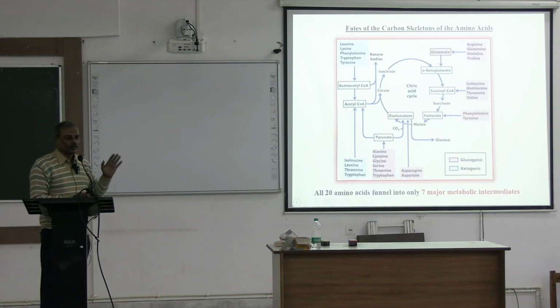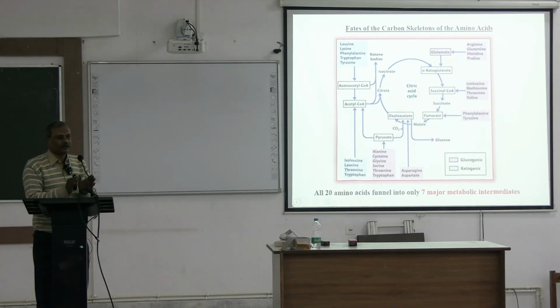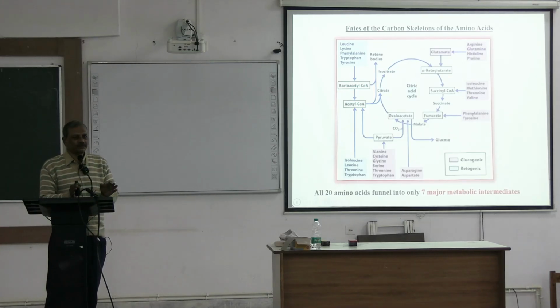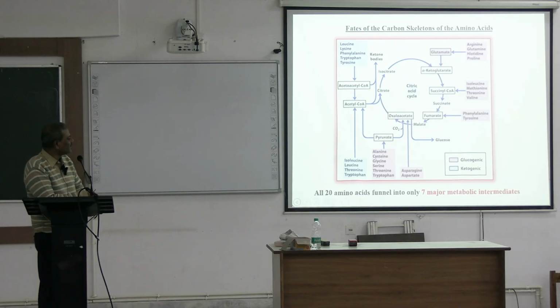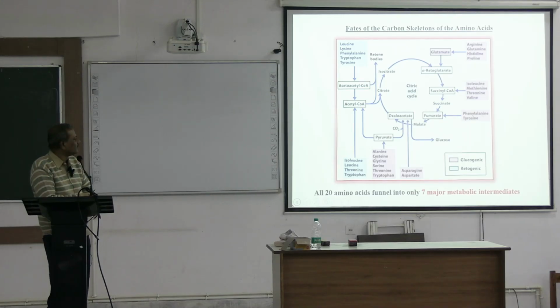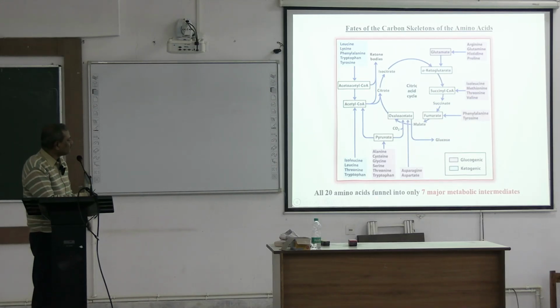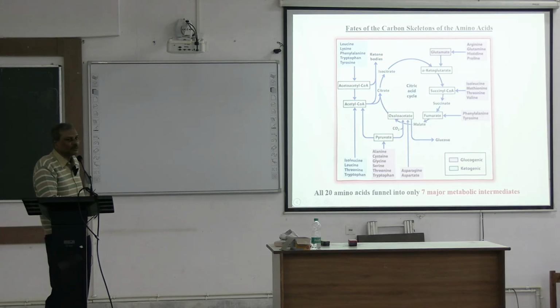So, if you remove ammonia from the amino acid, it is deaminated. Now, the leftover part is the carbon skeleton, as I told you. So, that carbon skeleton, note down this one only, names. It basically funnels into 7 major metabolic products. These metabolic products you can see here, all the names whatever I have written here.